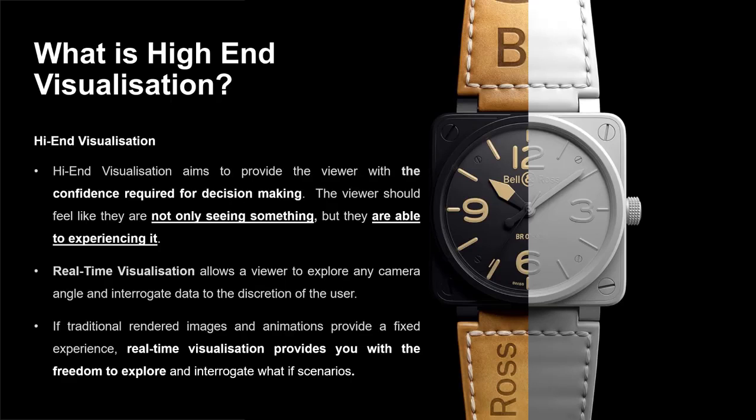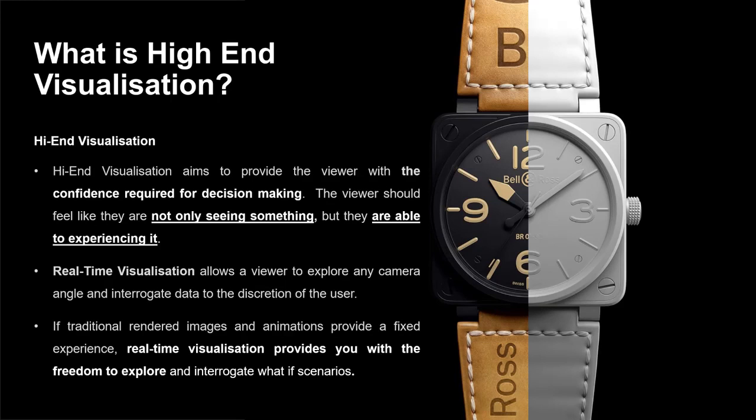So now we try to incorporate something called real-time into any viz strategy that we discuss. Unlike images and animations and renders, real-time visualization provides the viewer with an immersive experience and the freedom to go and explore and interact with the data however they see fit.